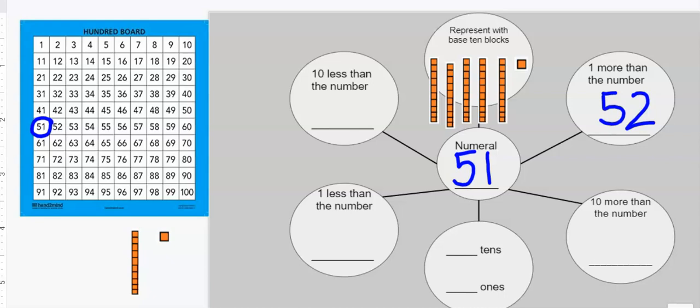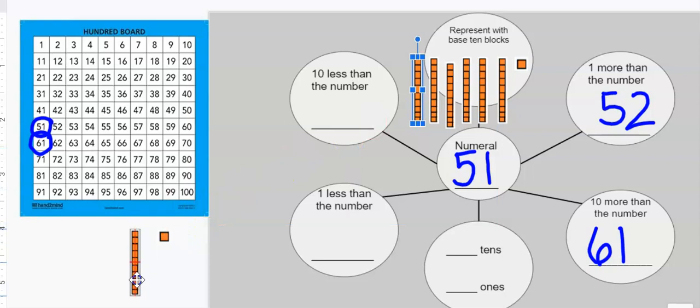So if I were to have 51 and I added 10 more, I would have 61. So if I already have 51 up here and I added 10 more, let's look and prove how that's 61. 10, 20, 30, 40, 50, 60, 61.